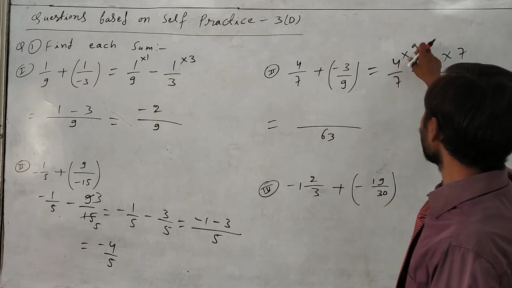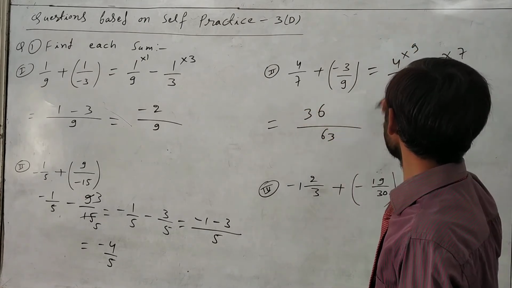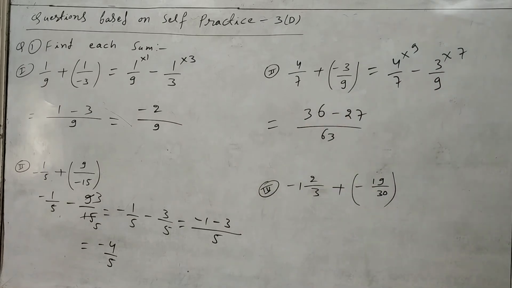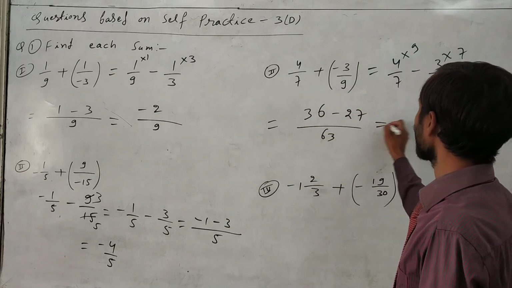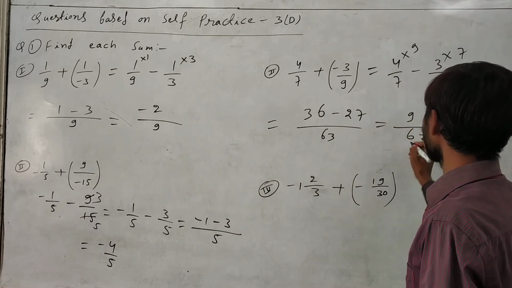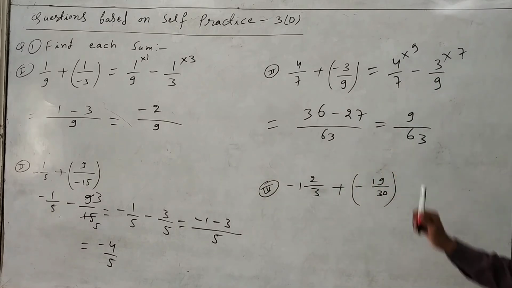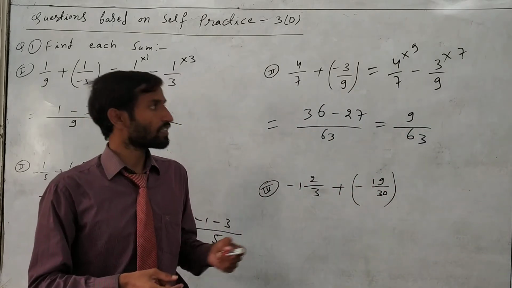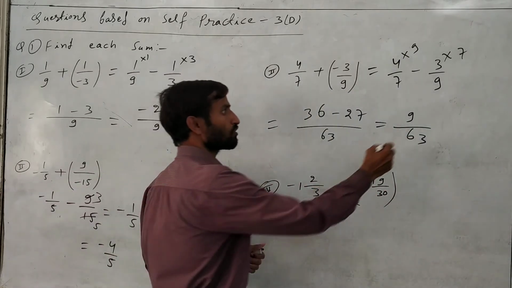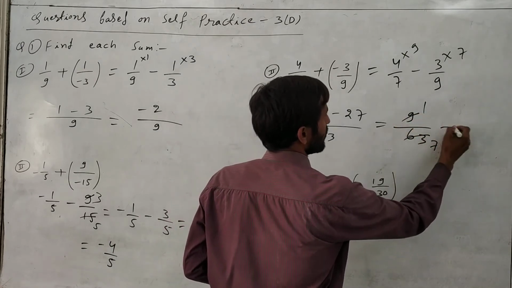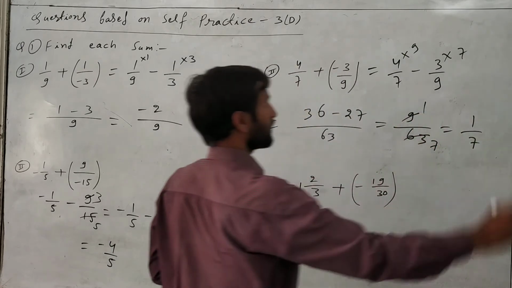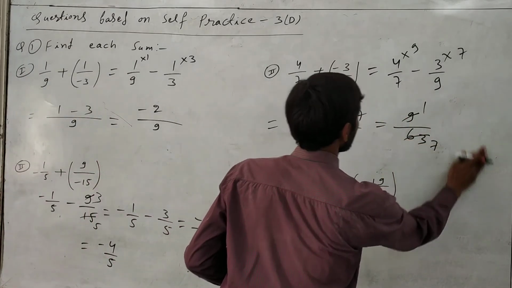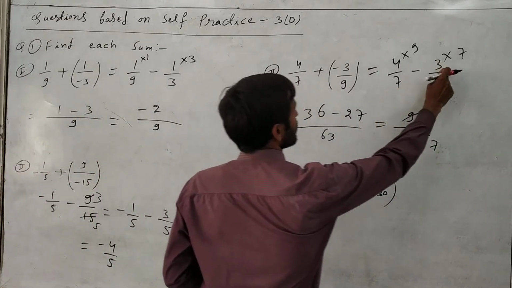Now multiply: 4 nines are 36 and 3 sevens are 21.